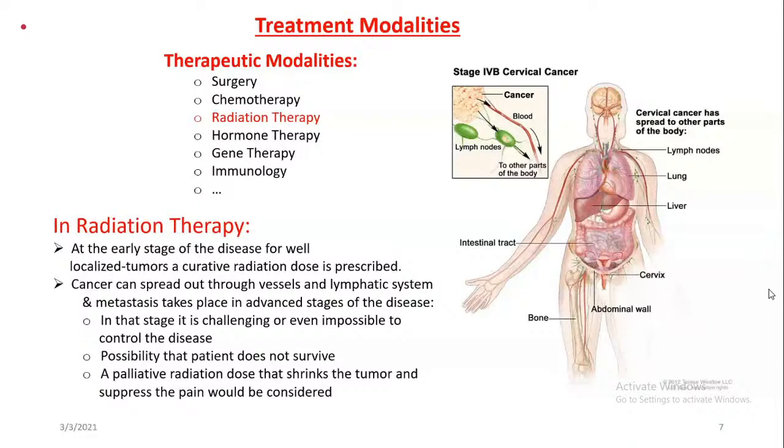But cancer can spread out through vessels and lymphatic system, and metastasis may take place in advanced stages of the disease, in which it is challenging or even impossible to control the disease.